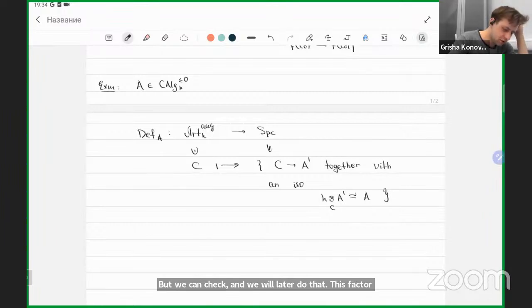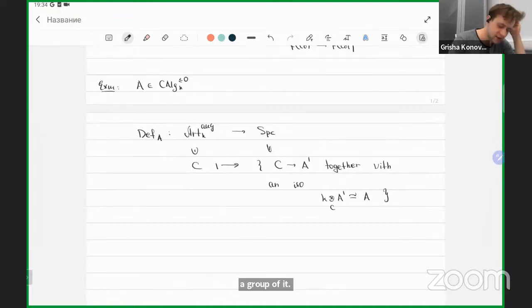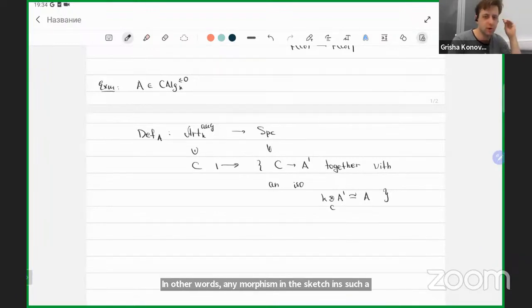So what I'm saying is that a priori the right-hand side is some category of arrows in the category of connective algebras, and it needs to be proved that this category is in fact a groupoid. In other words, any morphism in such a category is invertible. And we will later prove that, but we will need some technique to do that.